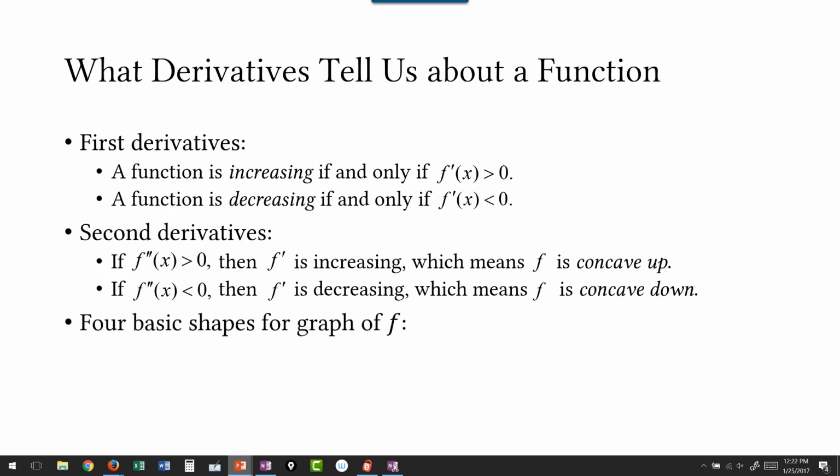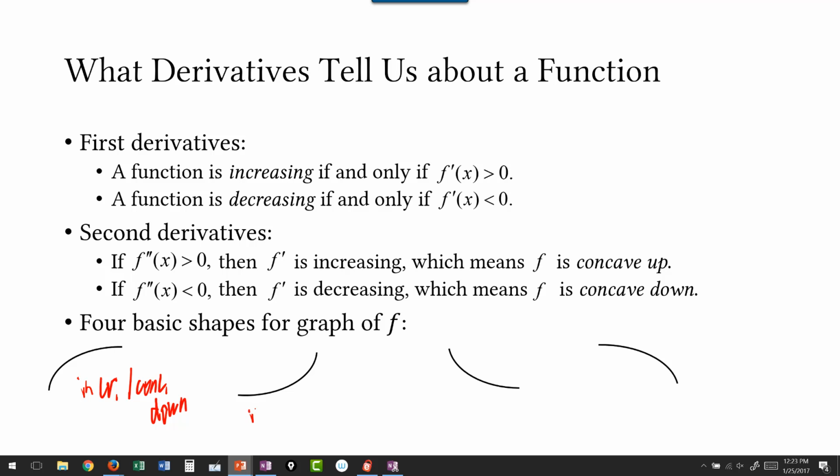Combining information about the first and second derivatives gives us four basic shapes for a graph for f. Any particular place in the graph will either be, as in the first case here, increasing but concave down.